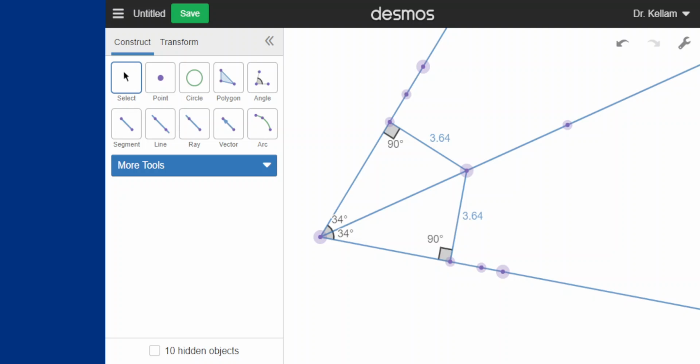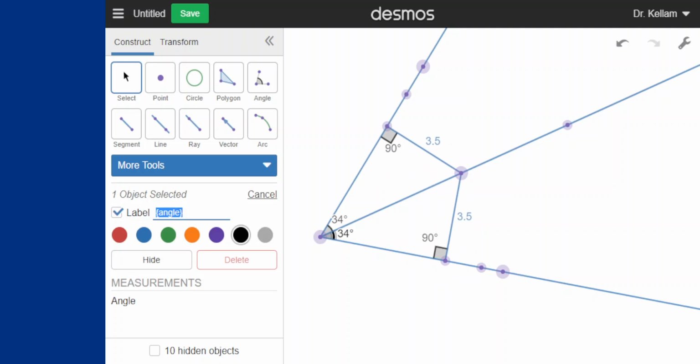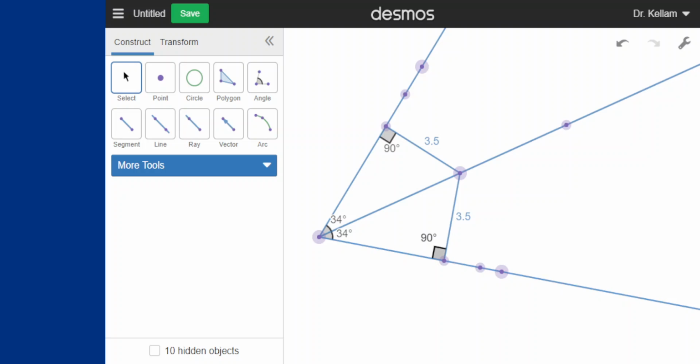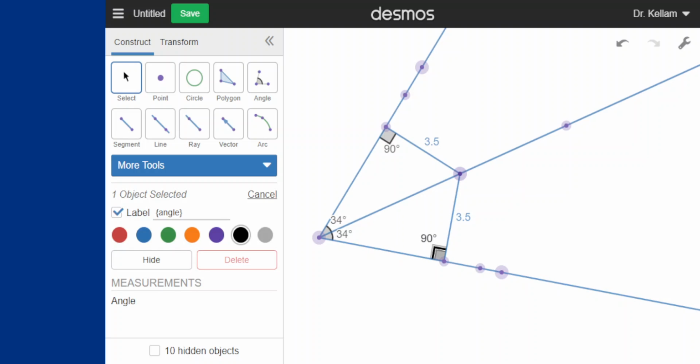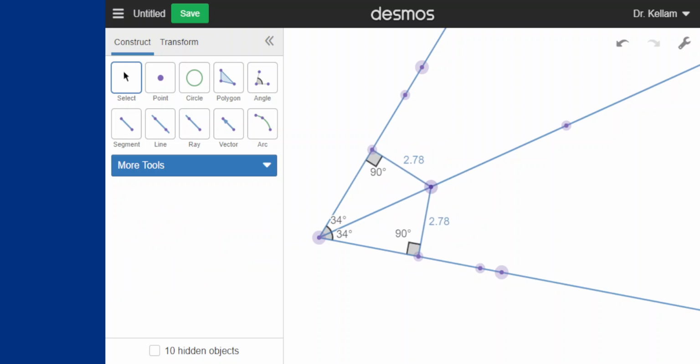If we did not know this was an angle bisector, but we knew that this was 3.5 and this was 3.5 and they were both perpendicular, that instantly tells us that this ray bisects the angle, because of hypotenuse, leg, congruence of a right triangle.